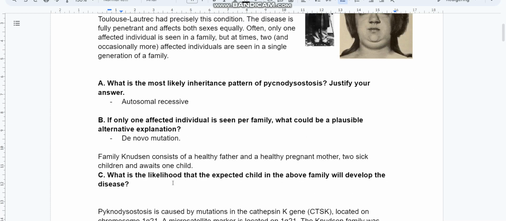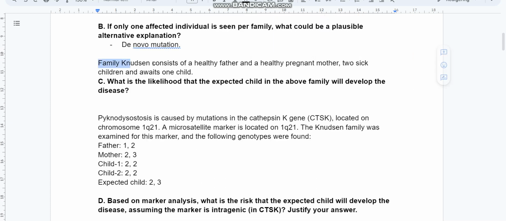Now they say this family consists of a healthy father and a healthy pregnant mother, 2 sick children, and awaits one child. What is the likelihood that the expected child in the above family will develop the disease? Whenever they ask you questions like this, they give you some information about a specific family.